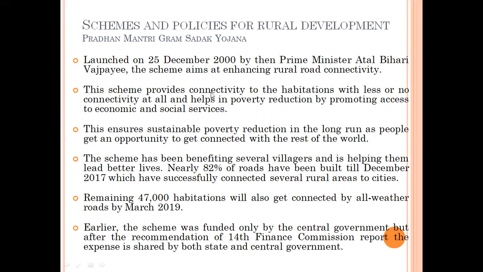The scheme provides connectivity to the habitations of less than or no connectivity at all and helps in poverty reduction by promoting access to economic and social services. And these all data already we have discussed. So earlier the scheme was funded by central government, but after the recommendation of 14th Finance Commission report, the expense is shared by both state and the central government.